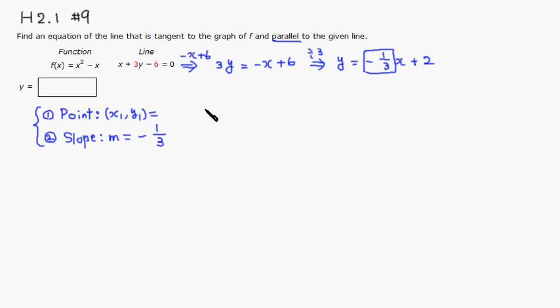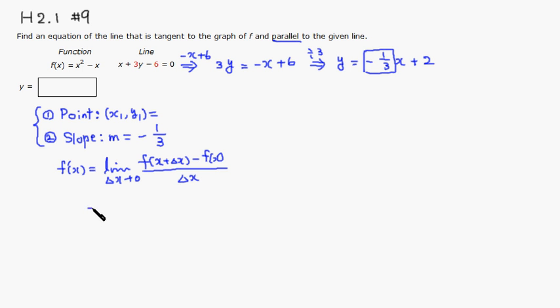Now, the derivative tells you about the slope of the tangent line, so we're going to find the derivative of this function. Let's say f prime of x is equal to the limit as delta x approaches 0 of f of x plus delta x minus f of x, all over delta x.